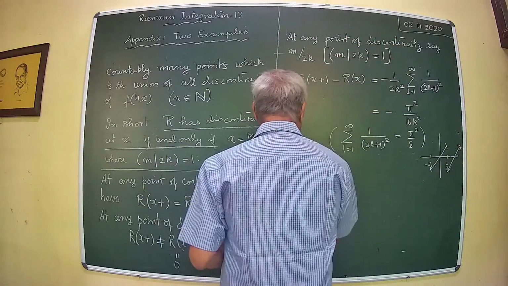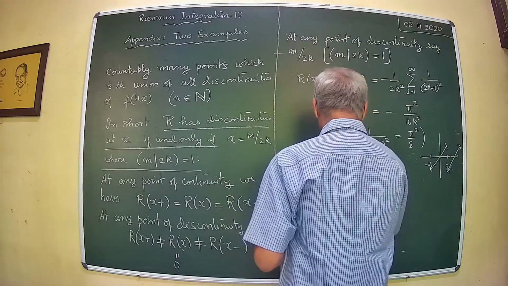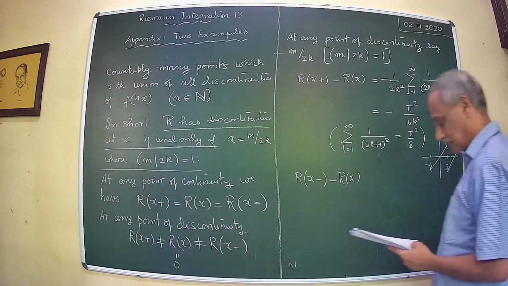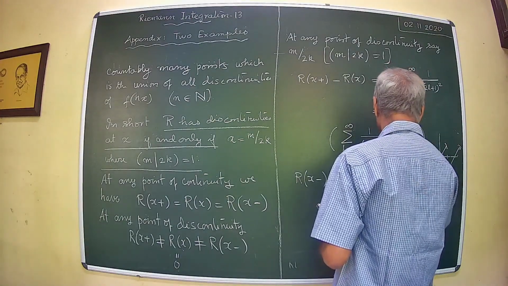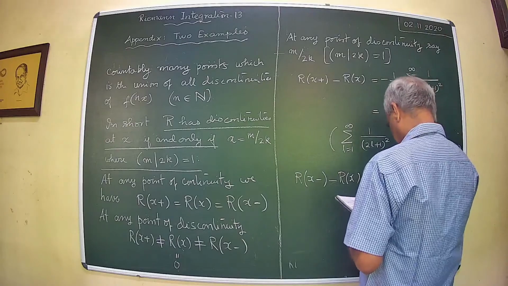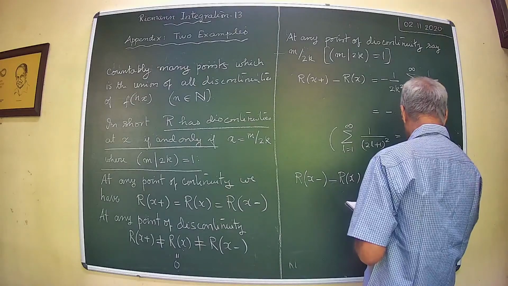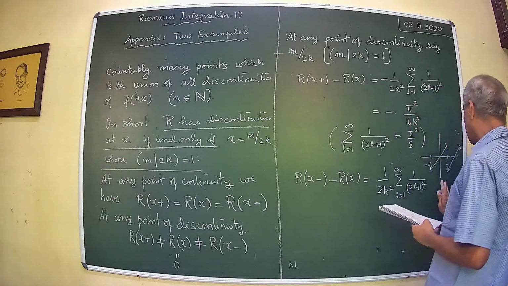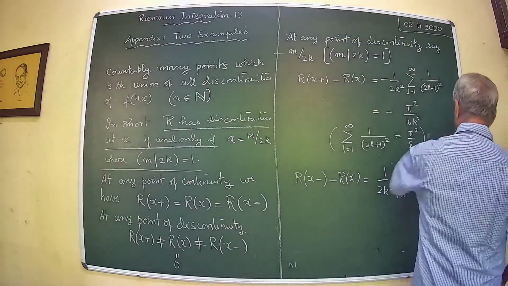Similarly, Rx minus is positive at the point of discontinuity. Therefore, this is equal to 1 upon 2k square times this sum, which is equal to this.